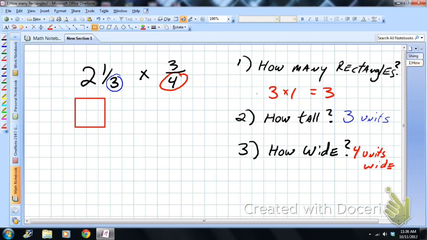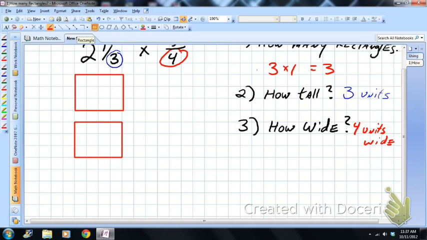This needs to be 3 units tall and 4 units wide. That's one rectangle. I need another one, 3 units tall and 4 units wide. And I need one more, 3 units tall, 4 units wide. And we'll talk about how we're going to split these up in part 2.